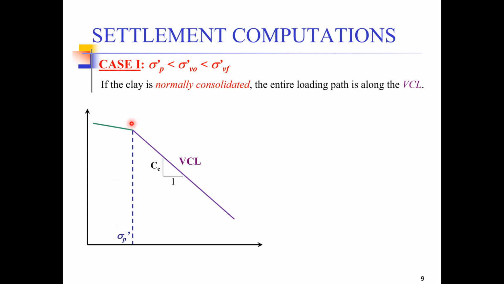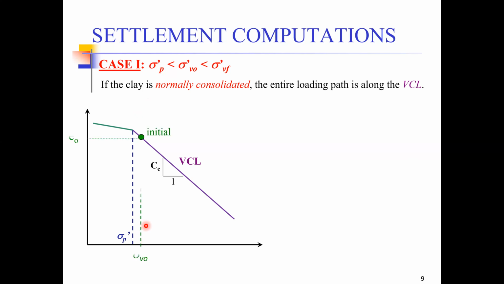So for a normally consolidated soil, we know that our current stress level, our current applied pressure, is going to be almost equal or a little greater than the pre-consolidation pressure. So our current stress level should be on the right side of this line.